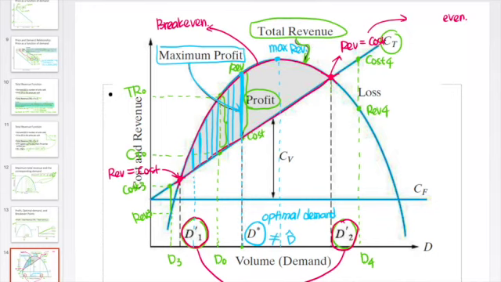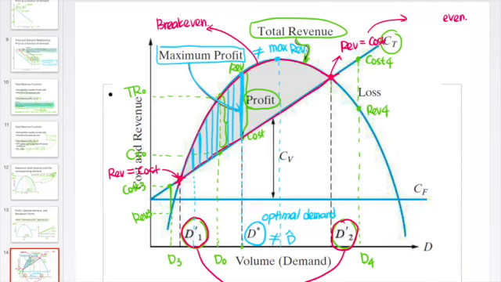And the maximum total profit is different from maximum total revenue. Okay, so 3 takeaways. I hope you can pause at this slide and then look at this chart and try to figure out the 3 takeaways I pointed out.